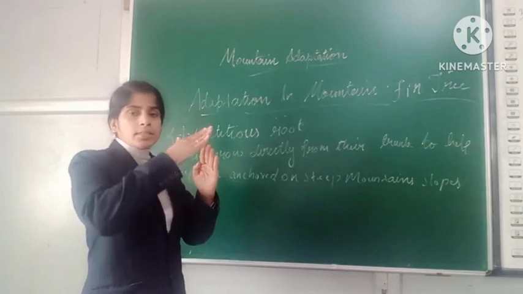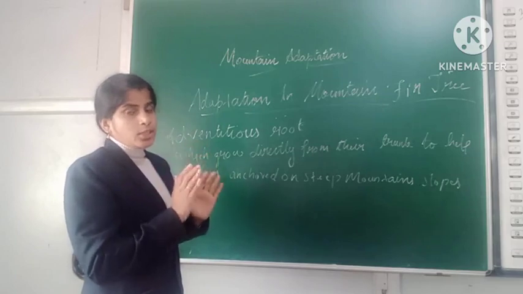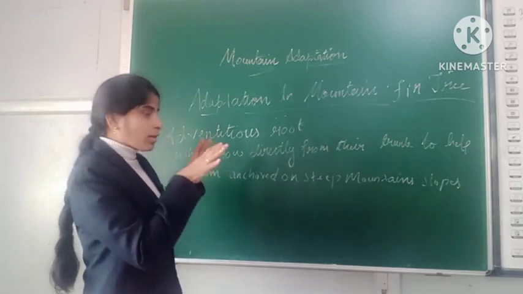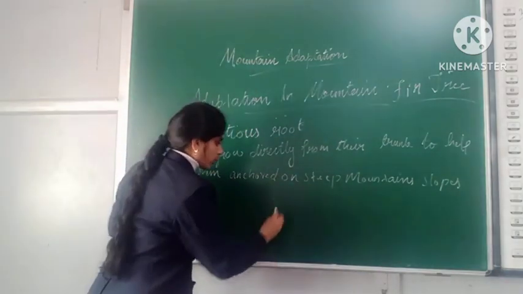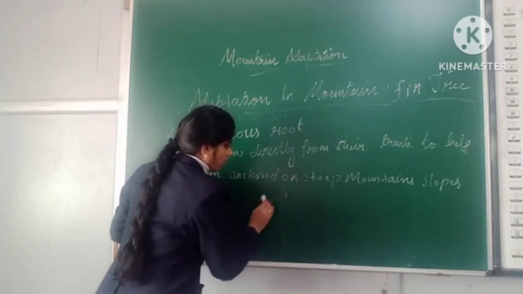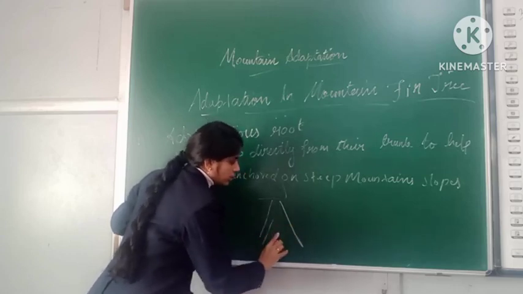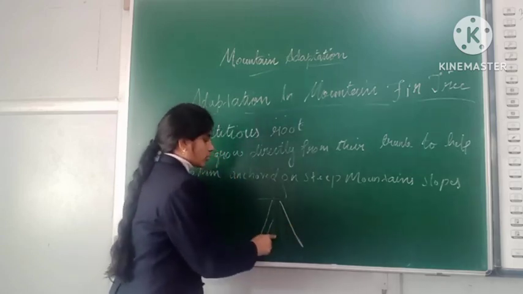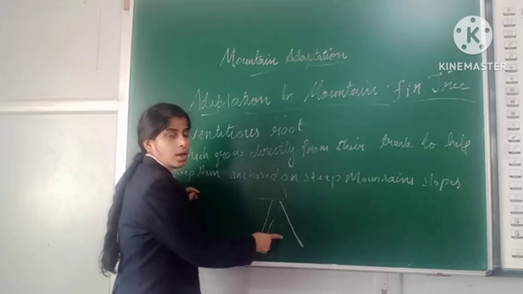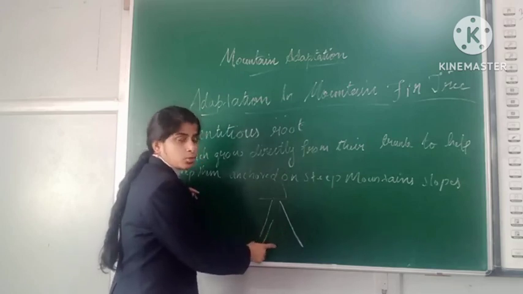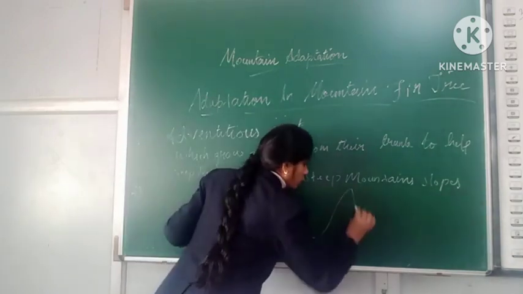You know that the mountain is steep, a sloping surface, so the tree needs to grow there, and so it has broad adventitious roots. Just think of a coniferous tree with roots coming out from the trunk. This helps to anchor on the steep mountain slopes, and also protects the tree against high pressure, long winds.